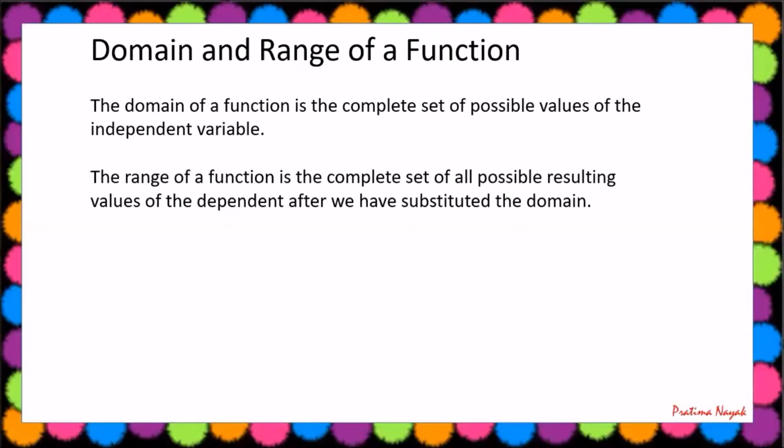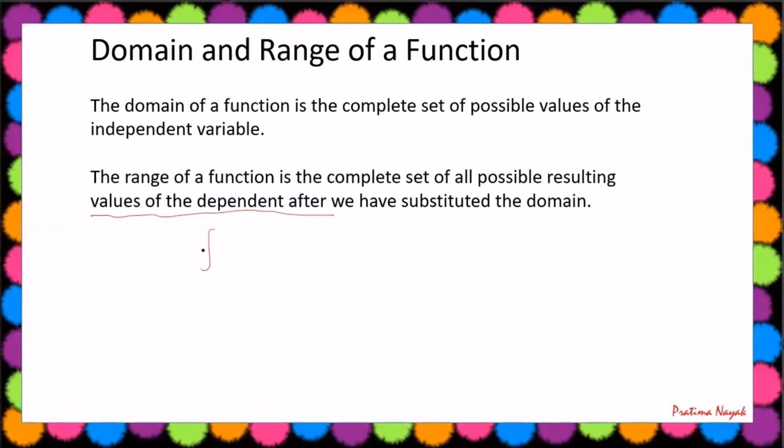So, domain and range of a function. Already you know the domain of a function is the complete set of all possible values of the independent variable, and the range of the function is the complete set of possible resulting values of the dependent variable after substituting the domain.